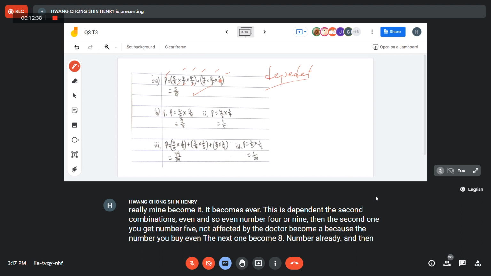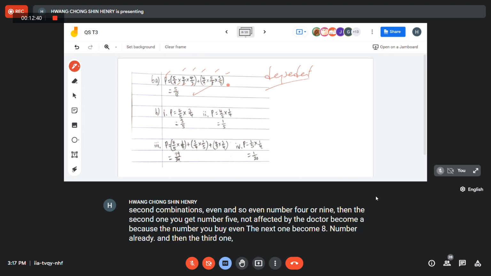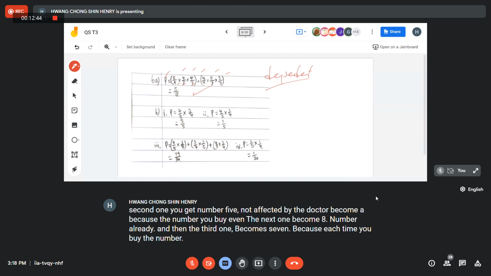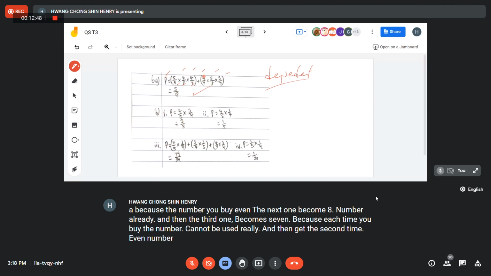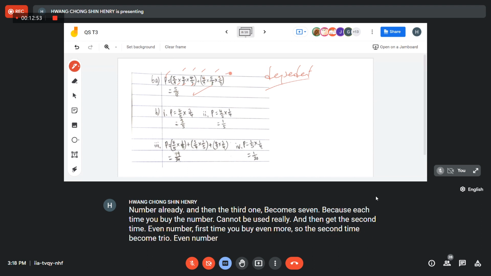The third becomes 7, because each time you take a number it cannot be used again. To get even the second time, the first time you took even, so it becomes 3. Even numbers are also getting fewer.